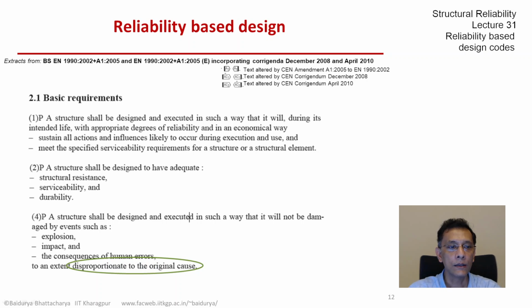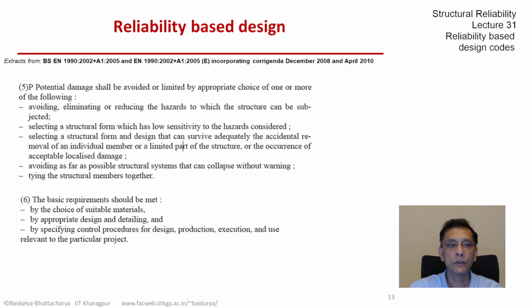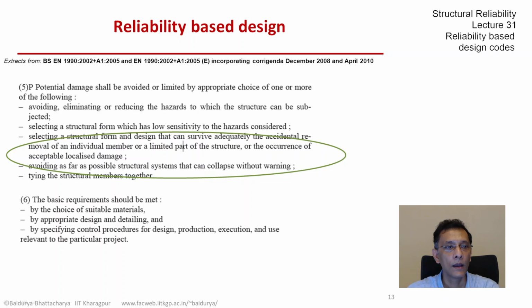So this disproportionate collapse or progressive collapse has shown up quite early in the codal sentiments, and in the next few provisions also we see more details on how this sort of progressive collapse can be prevented.